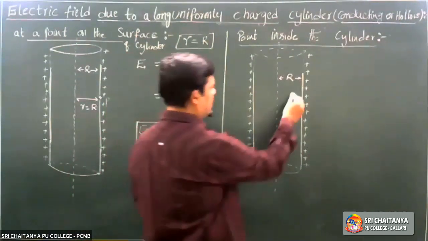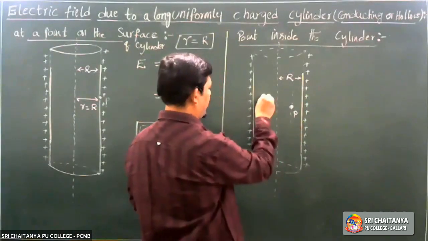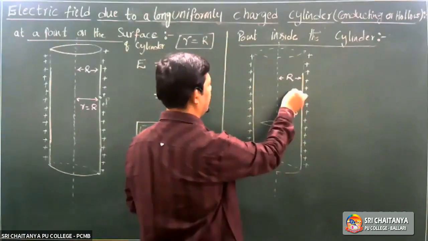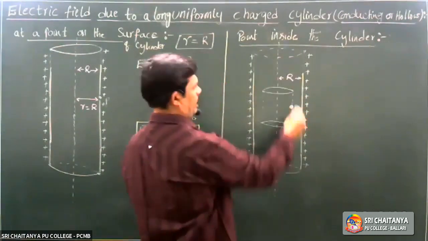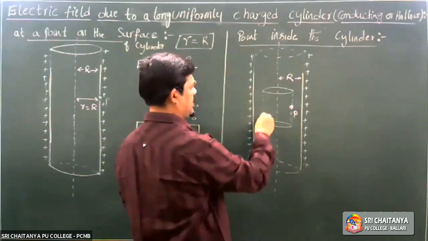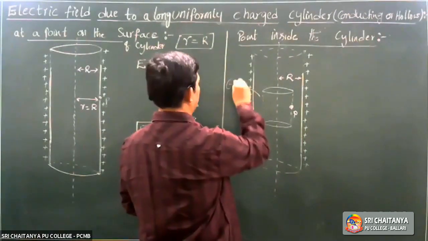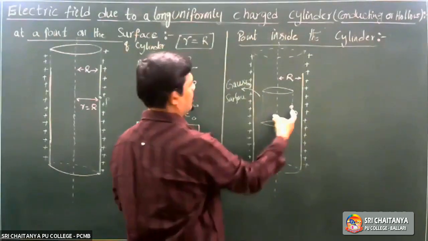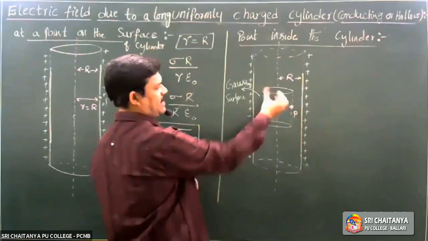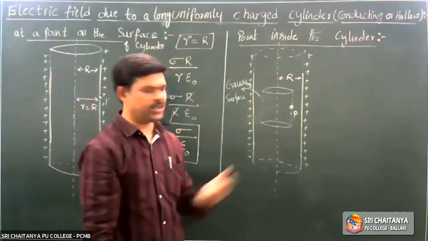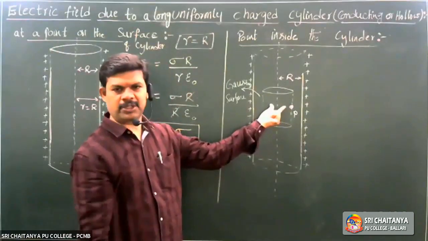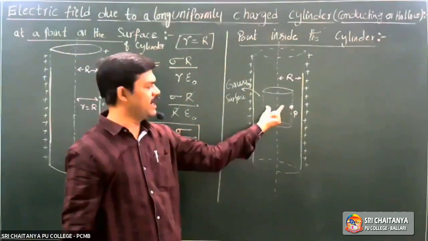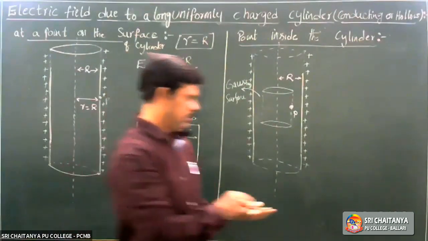So if you draw any Gaussian surface inside for finding the flux, this is the Gaussian surface. In this Gaussian surface, is there any charge? There is no charge, because whatever charge is on the cylinder, it is on the surface.